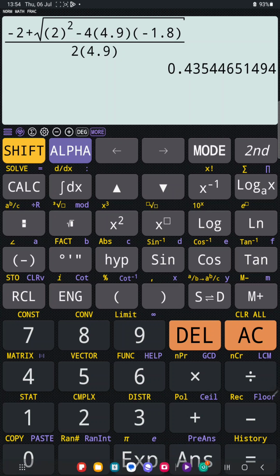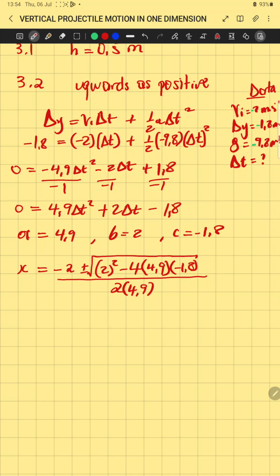All right, so this is our time, so delta t is 0.44 seconds. Don't forget that we are solving for time, not x.